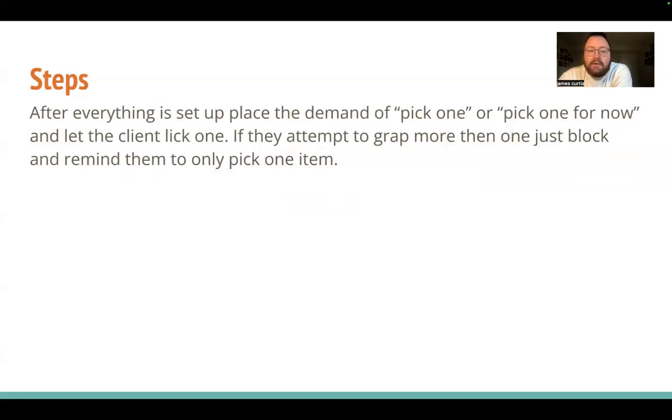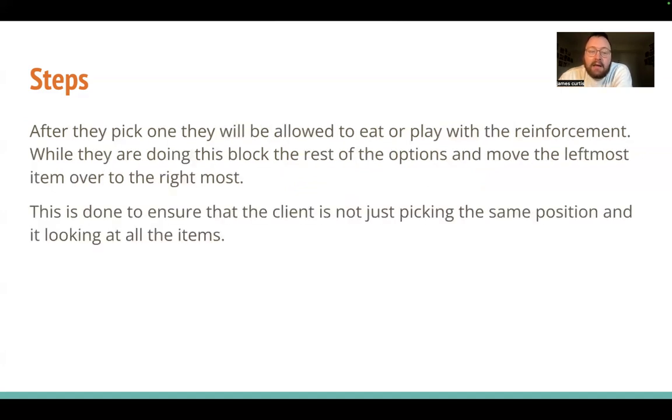Then you want to use a book or a clipboard to block, just in case they try to pick more than one. You're just going to place the demand of "pick one." After they pick one, they're going to be allowed to eat or play with that reinforcement. While you're doing this, block the other options and move the leftmost item over to the rightmost.